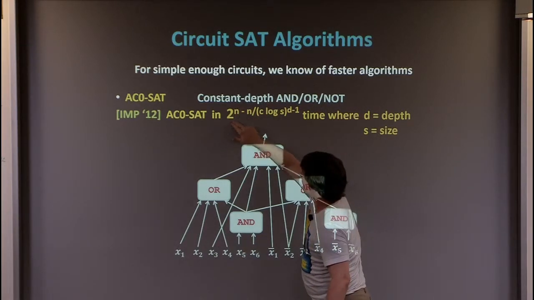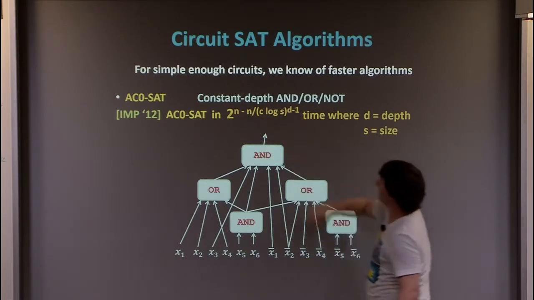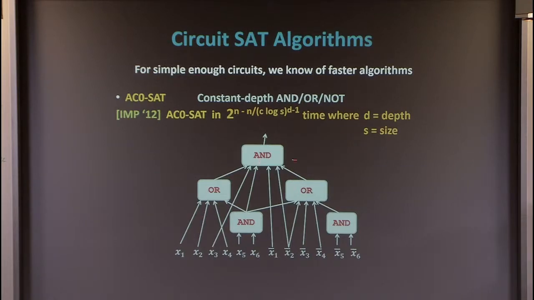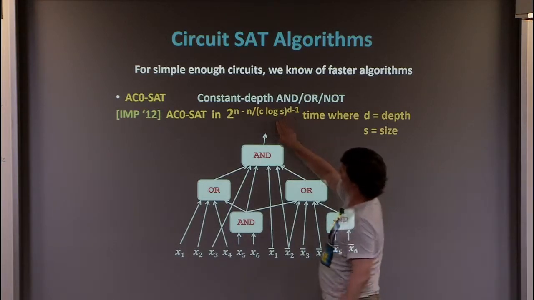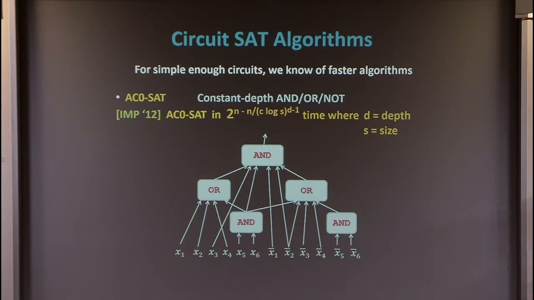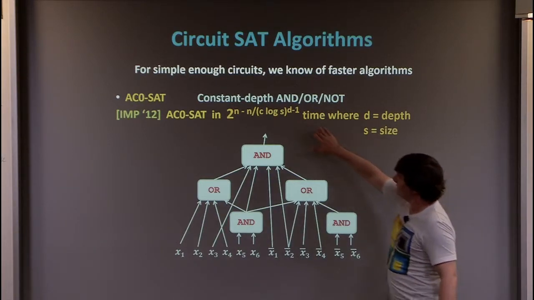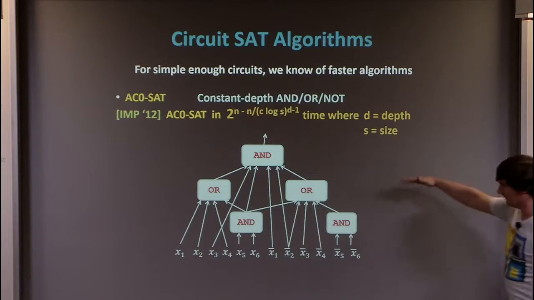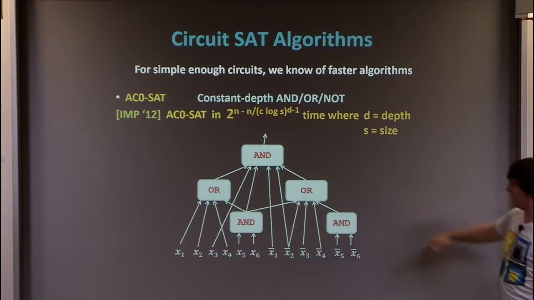So you think of dividing the exhaustive search by 2 to this amount. It's actually quite a lot. If S is something like polynomial, this is like n over polylog n. So it's a pretty substantial improvement. But it's not as good as what you get for, say, depth 2, CNF SAT.